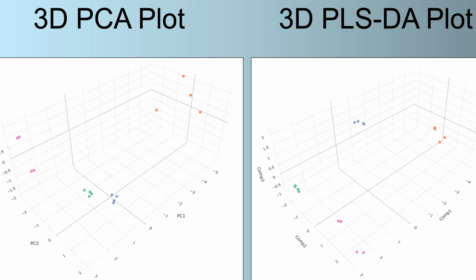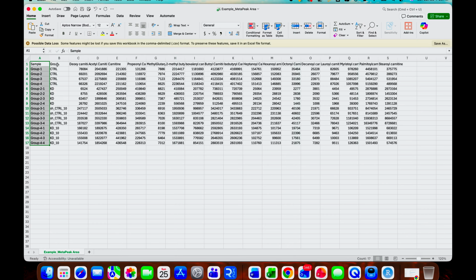This tutorial is designed to help you visualize group separation, explore sample patterns, and generate publication quality figures efficiently for scientific research and metabolomics study.